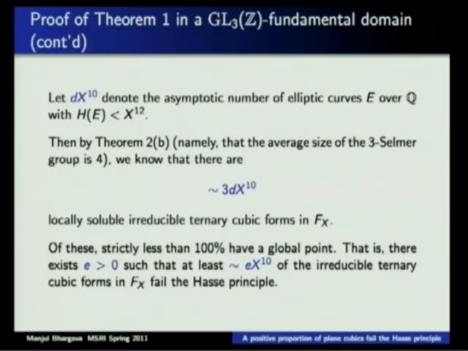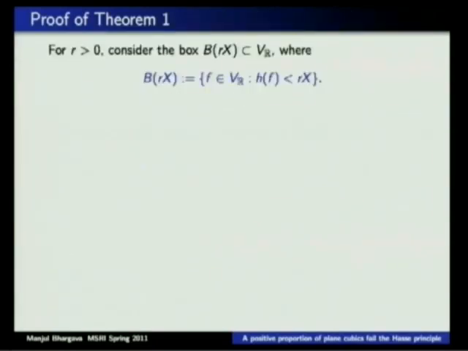And so we have the result in a fundamental domain now, and now we want to translate that into counting ternary cubic forms in a box and showing that a positive proportion of those fail the Hasse principle. And so the way to do that is you take this fundamental domain, which is a non-compact thing, and because it has finite volume, if you take a very, very large box, you can cover an arbitrarily large proportion of that fundamental domain, volume-wise.